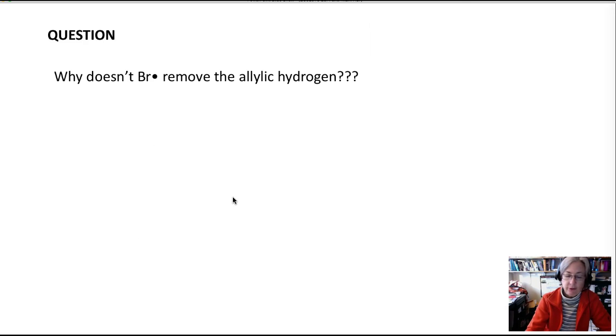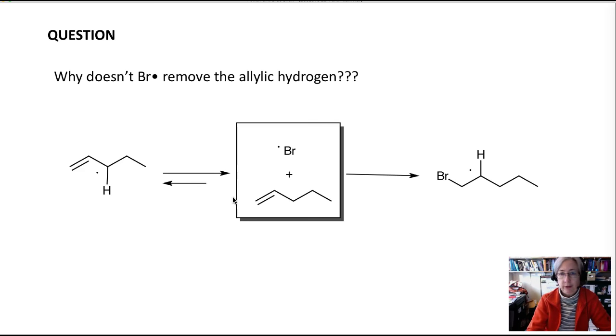Now, here's the confusing part. Why doesn't the bromine dot react and remove the allylic hydrogen, so that this example would be another way to do allylic halogenation or something like that? Well, the answer is it can and it does. So what we've got here is a competition.